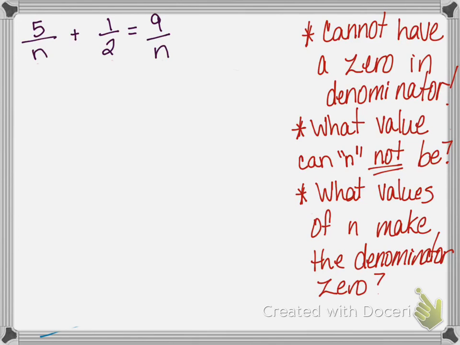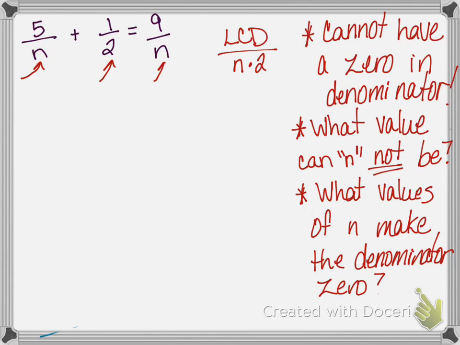I want to find my LCD now. I'm going to write down this denominator. So I have an n in my LCD. My second denominator is 2. Have I accounted for that 2 yet? No. So I'm going to do n times 2.